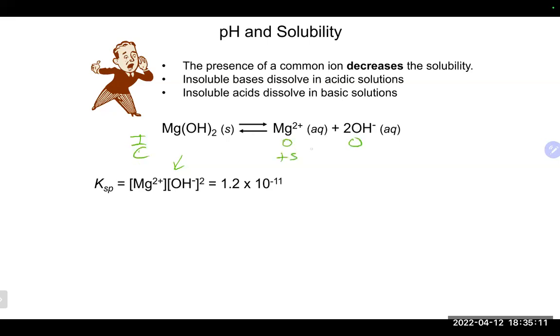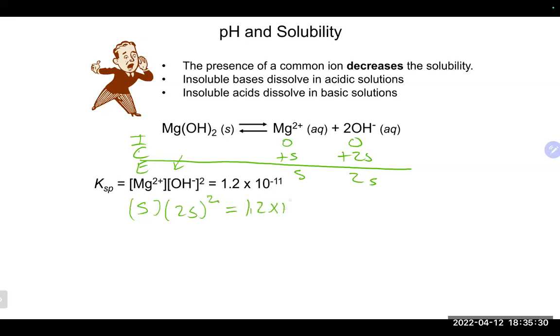This would be plus s and plus 2s, which means at equilibrium here we would have s and 2s. This would go into our Ksp expression, and that will give us s times 2s, that does need to be squared, is equal to 1.2 times 10 to the minus 11.